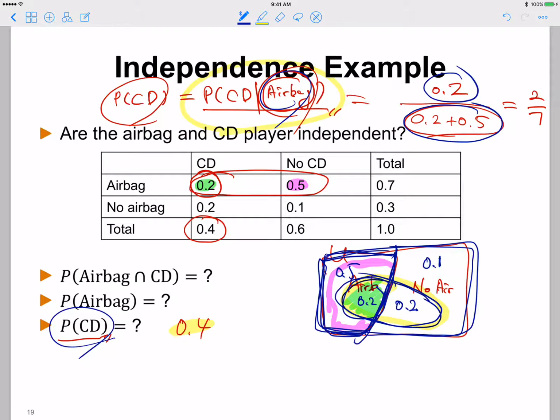Because we have 1, and then 1, the entire universe was 1, and then it decreased to 0.7, and then the remaining one is 0.3, okay? And then this small circle was 0.4, and then 1 to the 0.4, so this ratio should be the same, and then this guy should be this value, right?